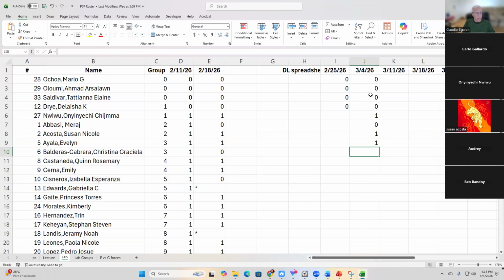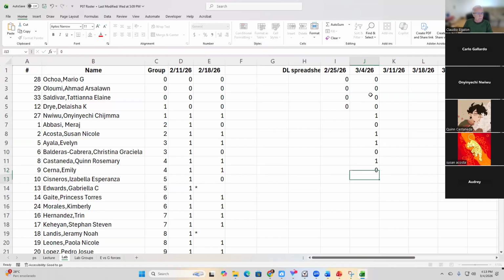Group 3, Cristina Balderas? I don't see Cristina. Queen Castaneda? Here. Thank you. Emily Serna? I don't see Emily. Isabella Cisnero. I don't see Isabella either. Next, Gabriela Edwards.